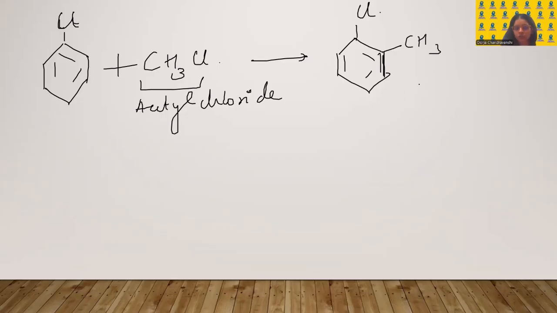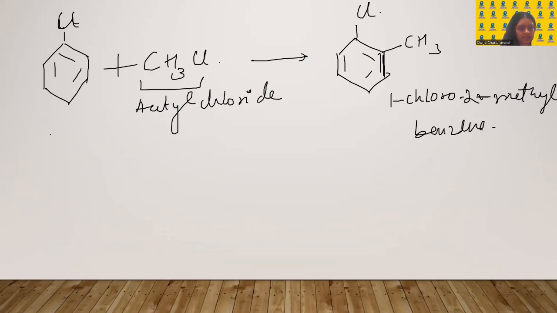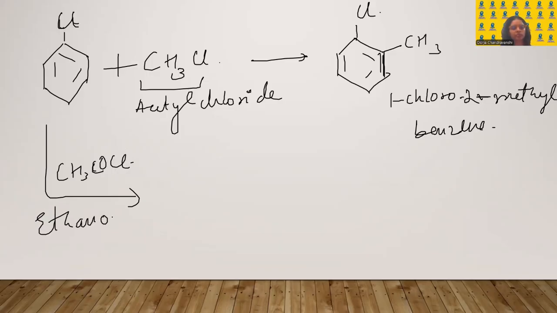This is the formation of 1-chloro-2-methylbenzene. And second, which is acylation, I will just take CH3COCl, also known as ethanoyl chloride. So do remember to note all the extra names that we're studying, because you never know what they will ask you in the exam or which name they have used.